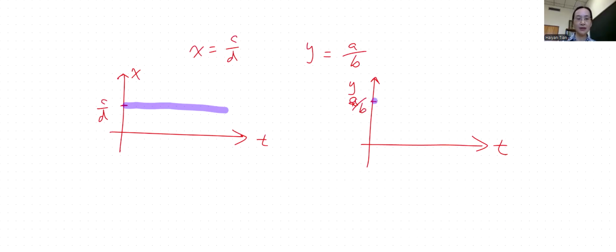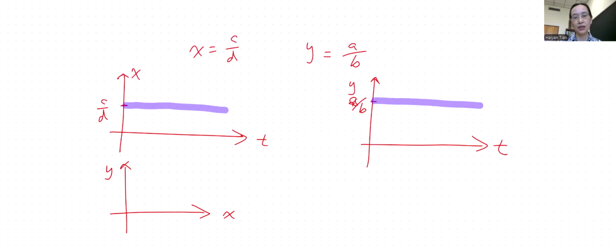That's a constant solution. However, if we draw the XY plane, we can show XY without explicitly showing T. So X as horizontal axis, Y as a vertical axis. Then the X value, which is C over D, and the Y value, which is A over B, are both constants.